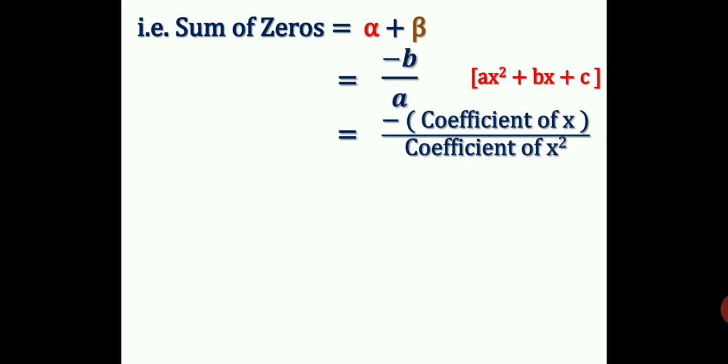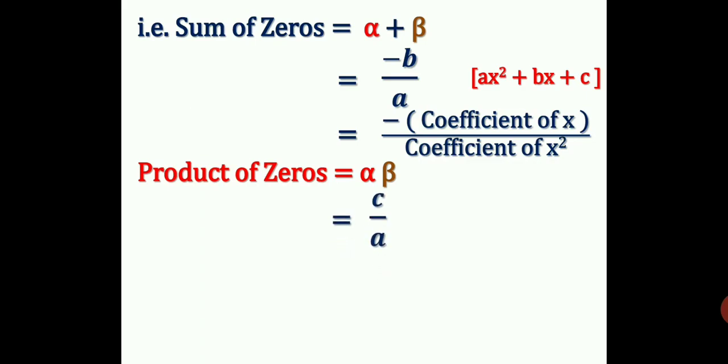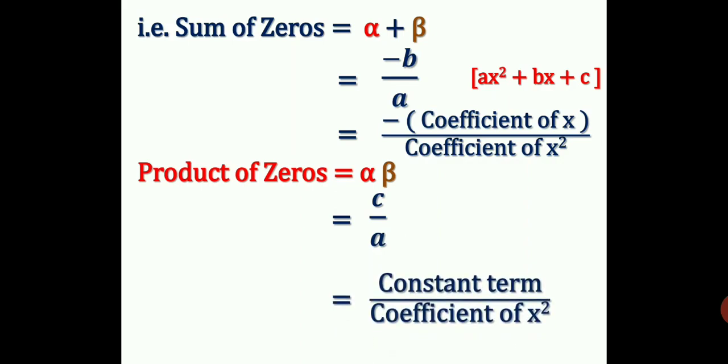So we write: minus coefficient of x upon coefficient of x square. The product of zeros, alpha into beta, is c by a. Again the standard format is ax square plus bx plus c, so c is the constant term and a is the coefficient of x square.